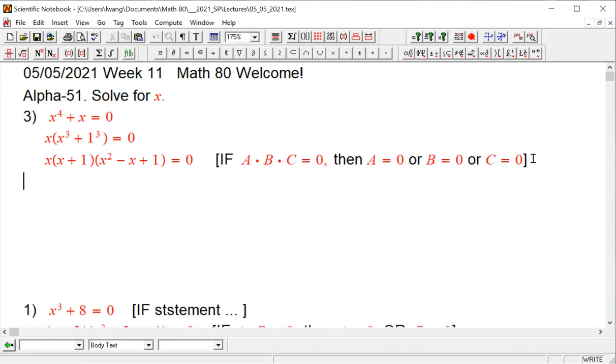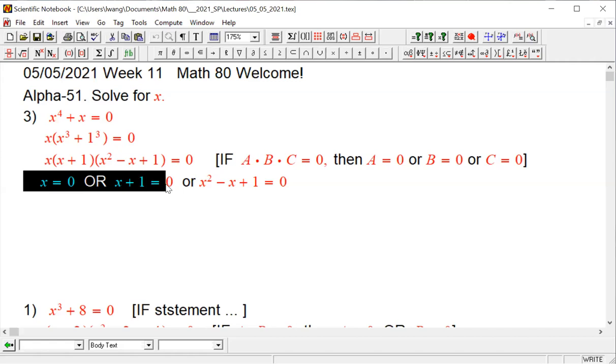All right, so if x is 0, right? Or x plus 1 is 0, or x squared minus x plus 1 is 0, right? These 2 simple equations will give us x equals 0 or x equals to -1.